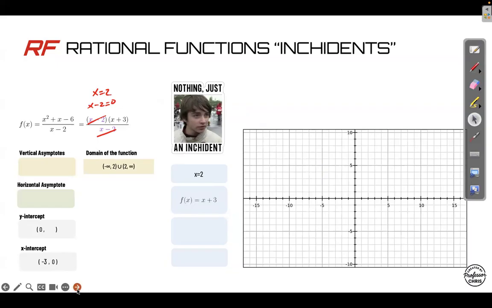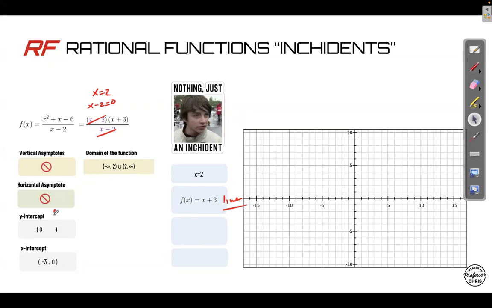We're going to get a new version of the function, simply being f of x equals x plus 3. And since this is a line, a linear function, it is going to be represented as such. There are no vertical asymptotes, no horizontal asymptotes on a line. You can only have a y-intercept.